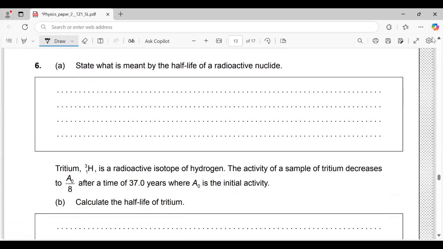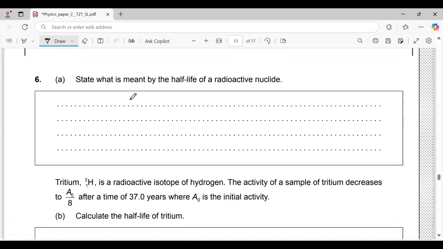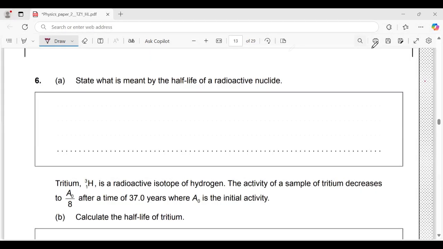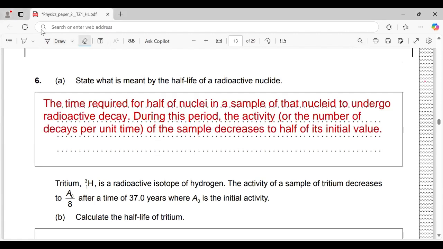Number 6A. State what is meant by the half-life of a radioactive nuclide. I have provided my explanation about this question.